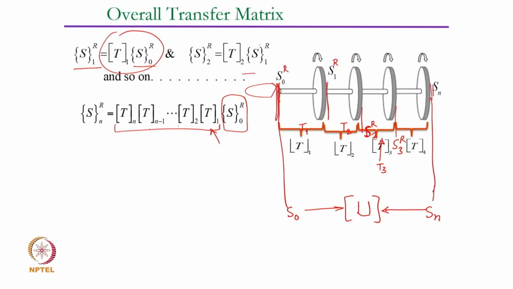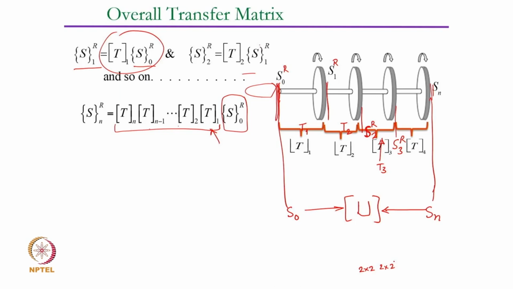Tell me, what is the size of this matrix T? What was the size of the field matrix? 2 cross 2. What was the size of the point matrix? Was it different? There are only two state variables. The point matrix was 2 by 2.